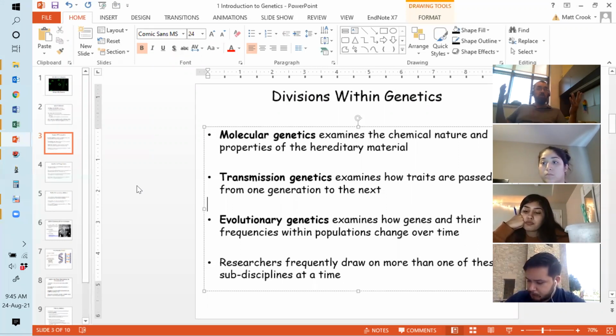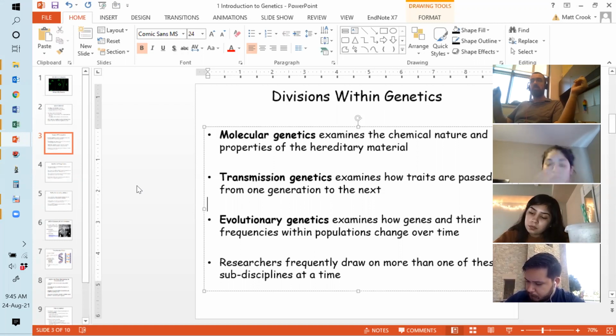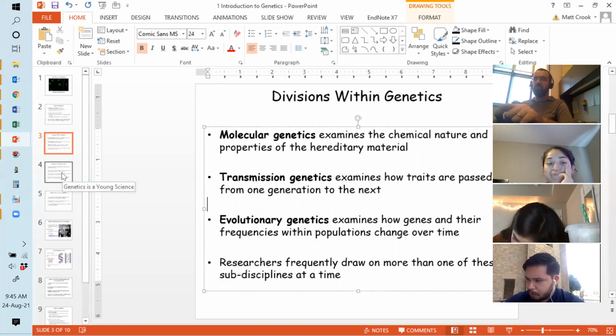If I want to get two different alleles together, I need to know how many worms, because I work on C. elegans, a small nematode, do I need to look at to be assured of getting the combination of alleles that I want, right? So again, it's just another example of how these things aren't real divisions, really. They're just ones that we give genetics.